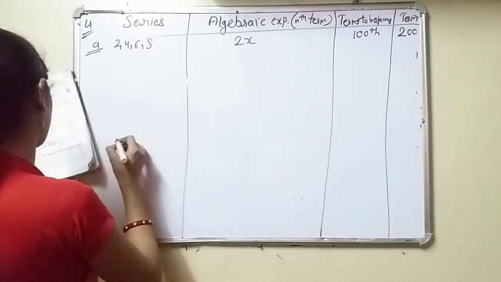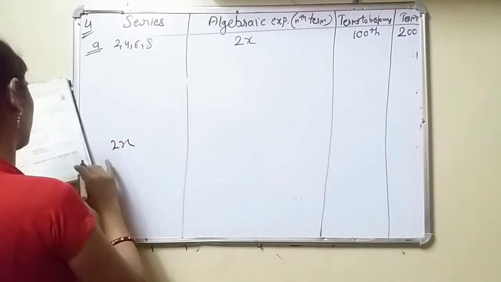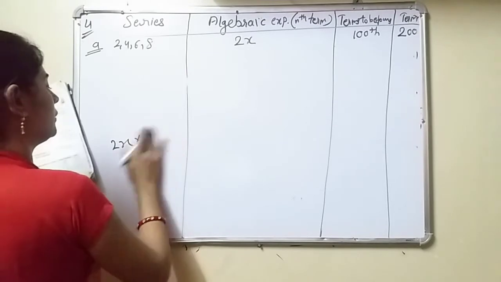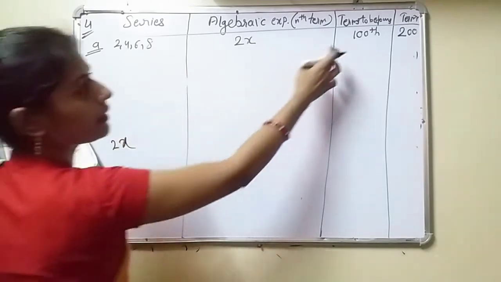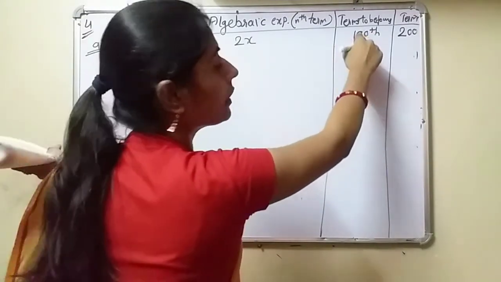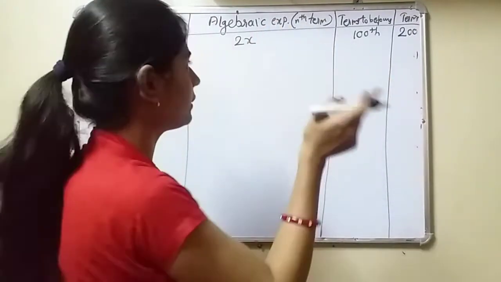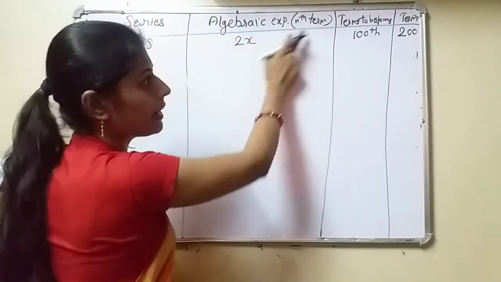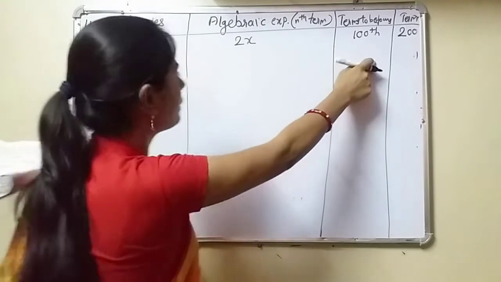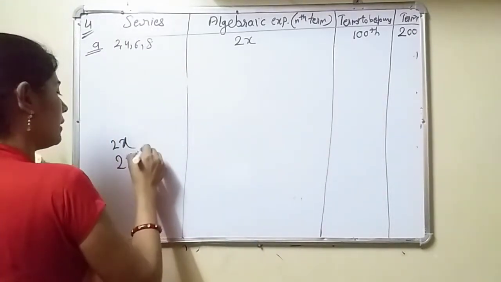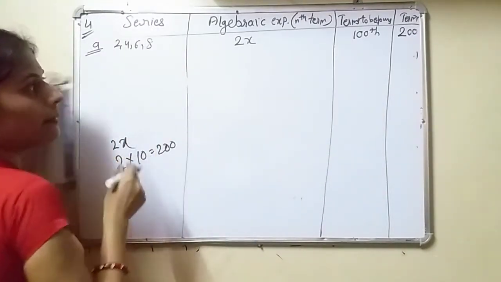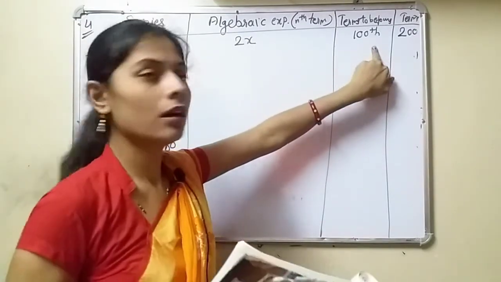It means 2x is given here. What is the term to be found here? That is 100th term. What is the nth term means? 100th term means 2 into 100, that is 200. In place of x you have to put the term given here.